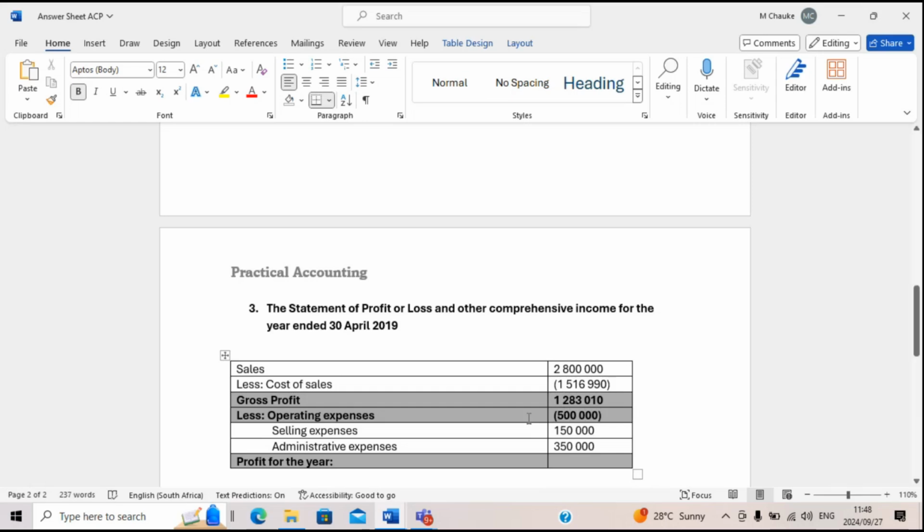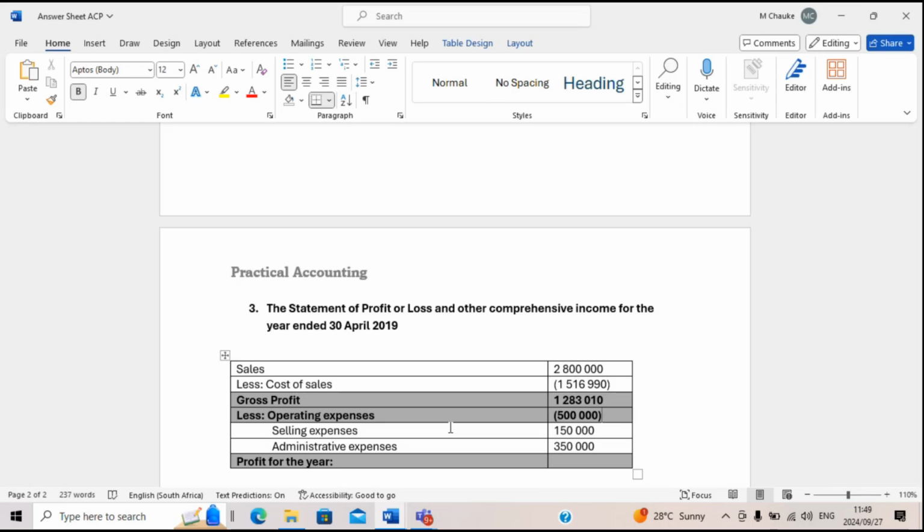And then, in order for me to get the profit for the year, it's going to be gross profit minus operating expenses. So gross profit of 1,283,010 minus 500,000 there. You will get your profit for the year.